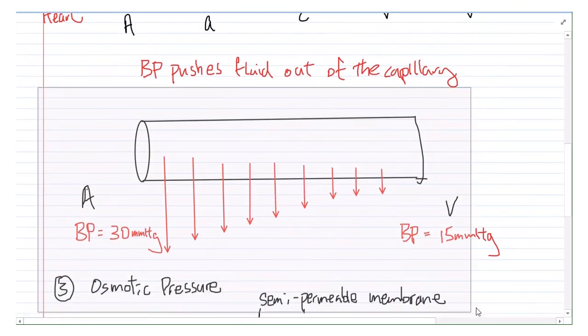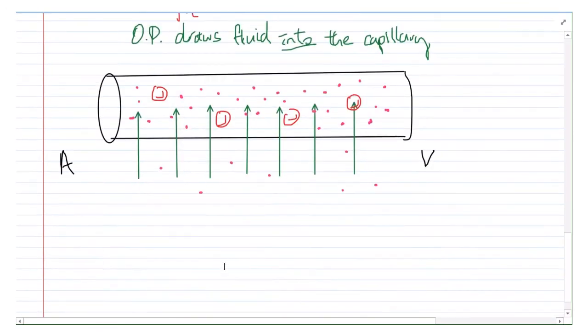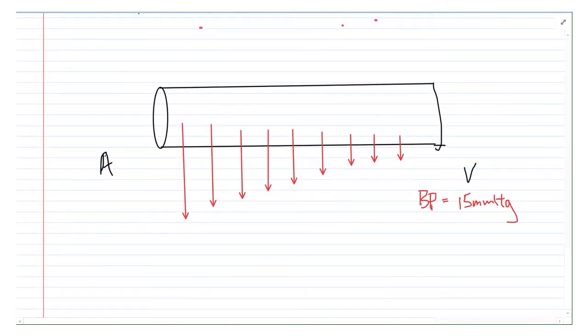So let's put them in one single diagram and see how it's going to play out. I'm just going to take this one, copy it, and add the green arrows to it. The blood pressure over here, as I said, is going to be 30 mmHg. Now we're going to have the osmotic pressure counteracting that, pointing inwards.